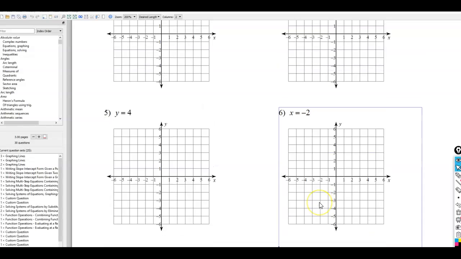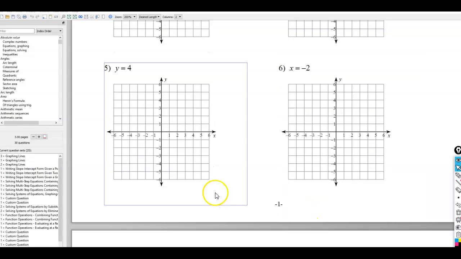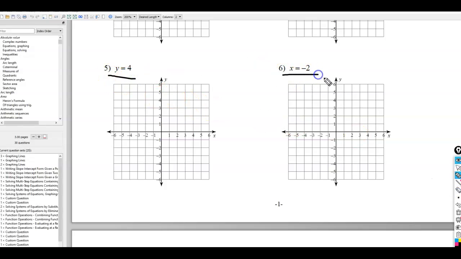All right. Next one, y equals 4. Now, the next two problems are unique. These are special problems. Anytime you have a y equals a number, those are generally going to be a horizontal line. And when you have x equals a number, those are vertical lines. So what you're going to do is find where y equals 4, right here, and draw a horizontal line through that.